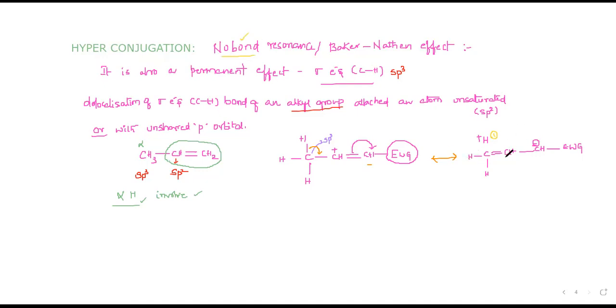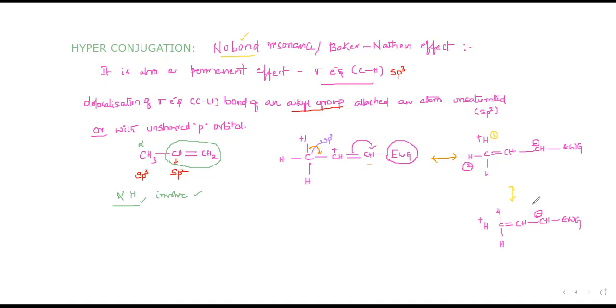Next resonance is shown by this hydrogen, hence it forms another hyperconjugated structure. Let me show that one also. So now this is the second hydrogen showing the hyperconjugation structure.